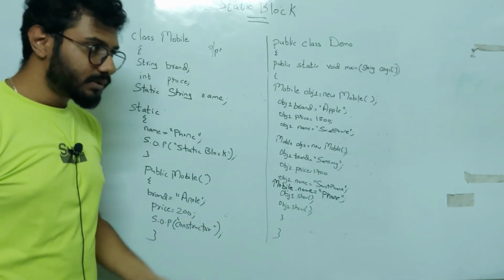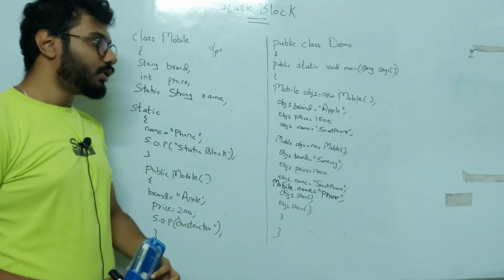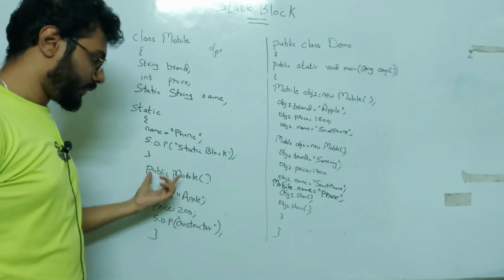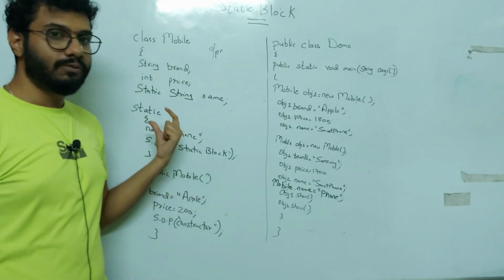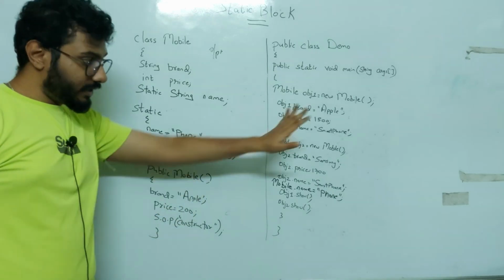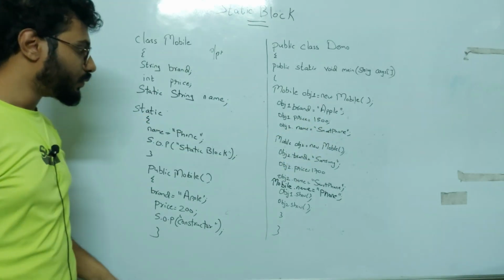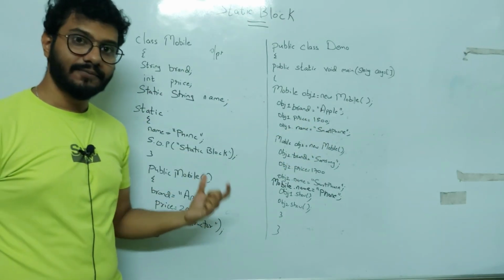Of course not. The static block will not get called, you don't get any output. A constructor will also not get called, and the static block doesn't get called either, when we have not created any object. So at this time, what can we do?